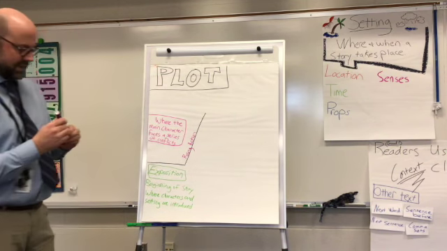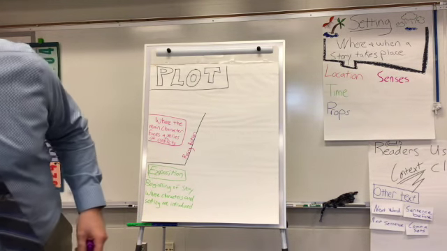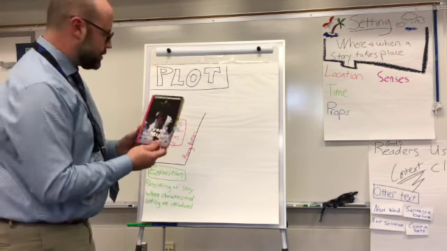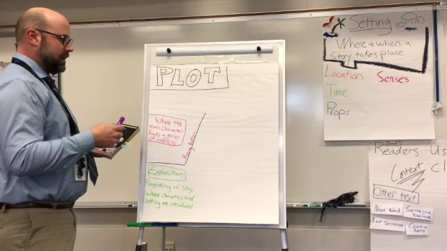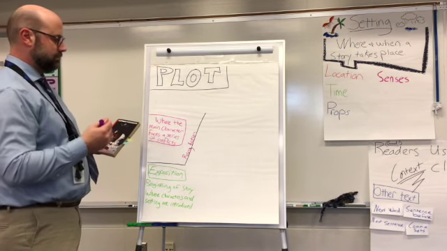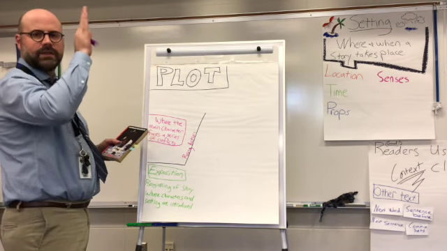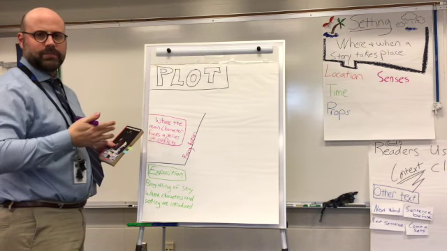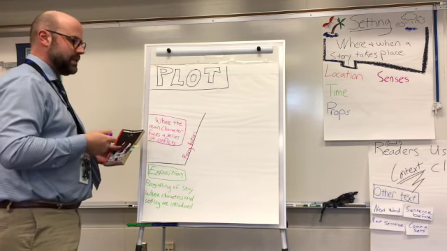So for the rising action, we're introduced to Maxwell, right? Sorry, get the book out. We're introduced to Maxwell. We're introduced to Freak. And then conflicts happen. What are the series of conflicts that they have to overcome? A series of conflicts. Not just one, but a series.